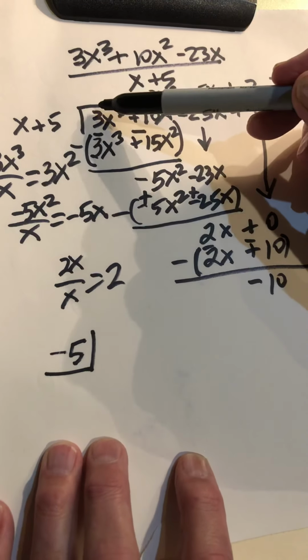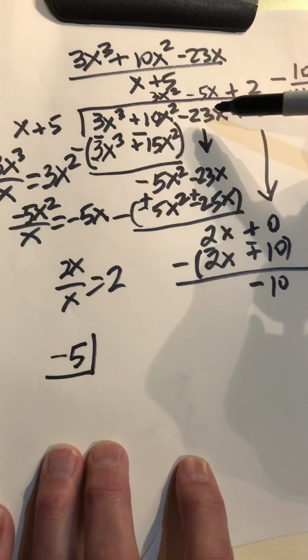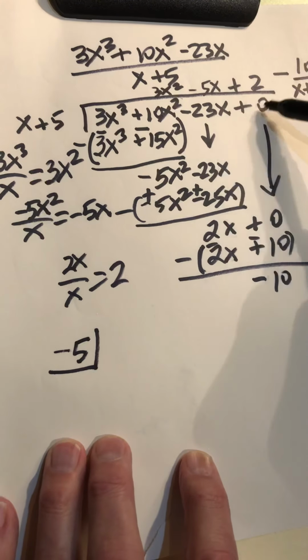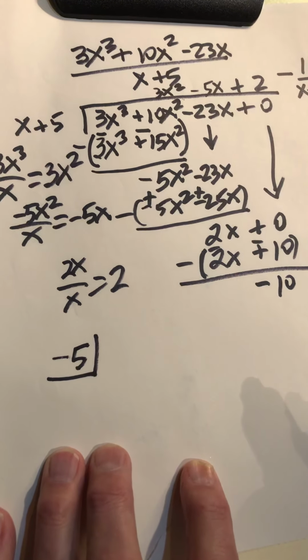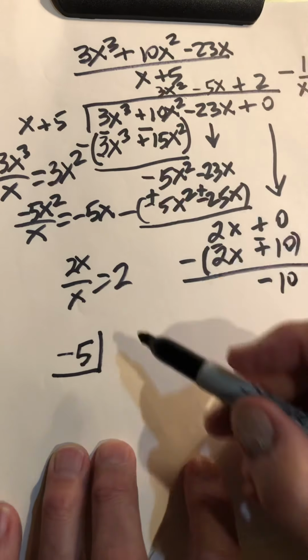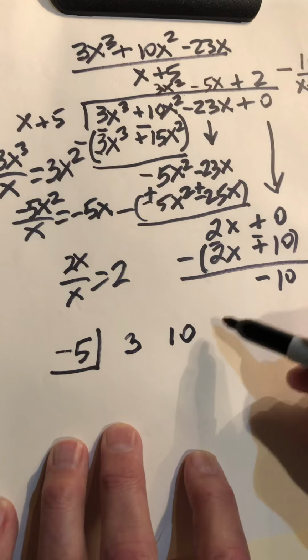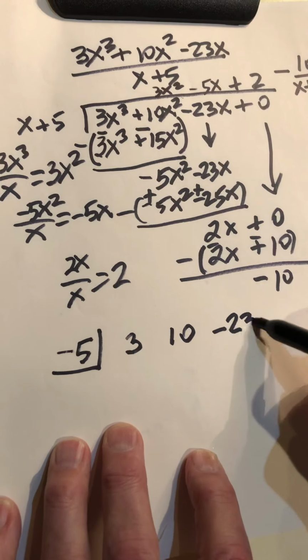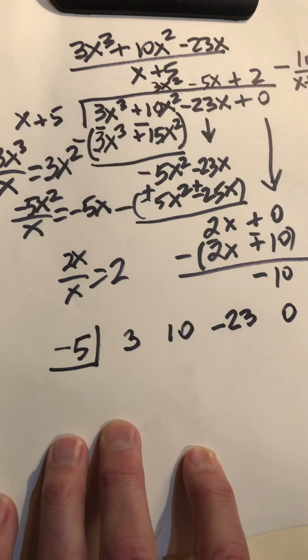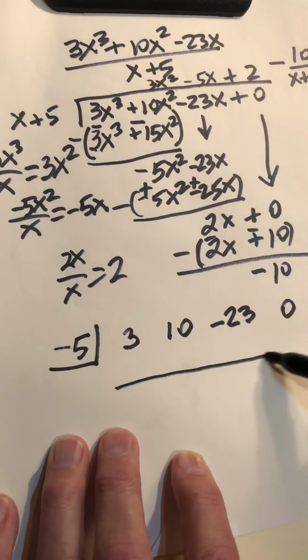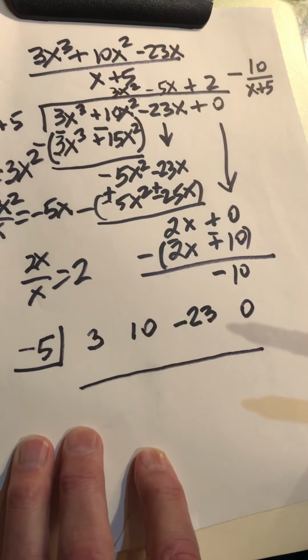In that case, this would be 3, 10, negative 23, and then you've got to have every power represented. So again, I've got to have that 0. So there's 3, 10, negative 23, and 0. Got it?